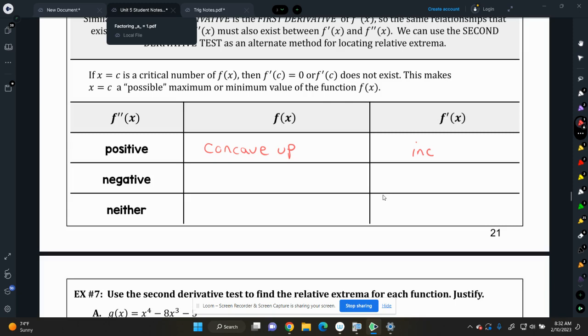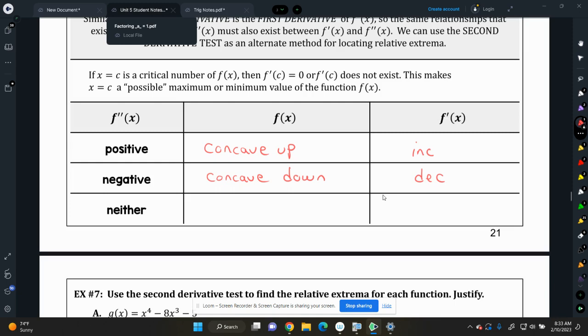Okay, if it's negative, we have concave down, and f prime of x is decreasing. The neither ones, this is where they get weird, okay? What does that mean if it's neither? It's going to be vertical, right?